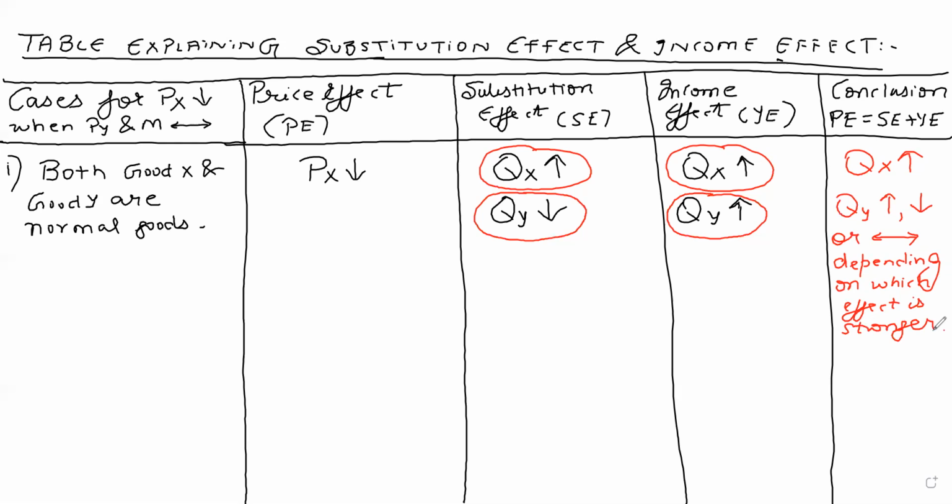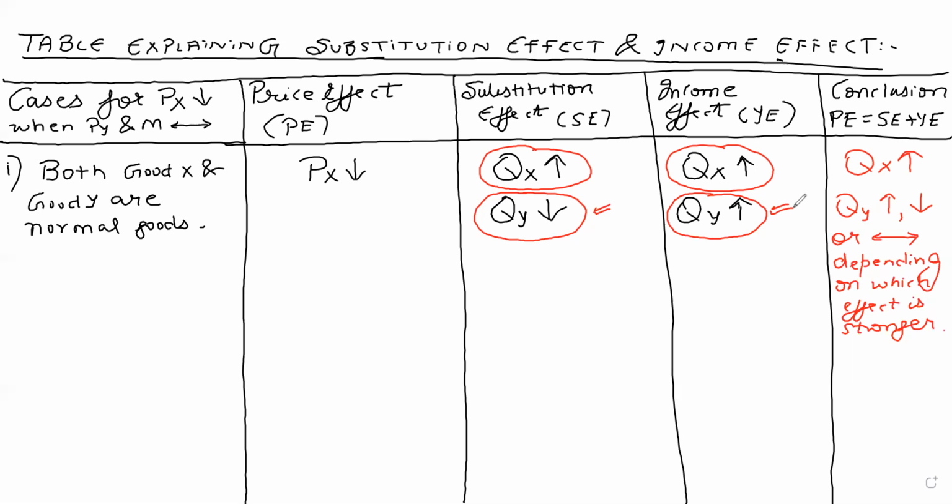So I can say that my Qy is ambiguous in this case, because according to the substitution effect, Qy is falling. According to the income effect, Qy is rising. So in the net result, what will happen depends on which effect is stronger. If substitution effect is stronger than income effect, Qy will fall. If income effect is stronger than substitution effect, Qy will rise. If substitution effect exactly equals the income effect, Qy will remain unchanged.